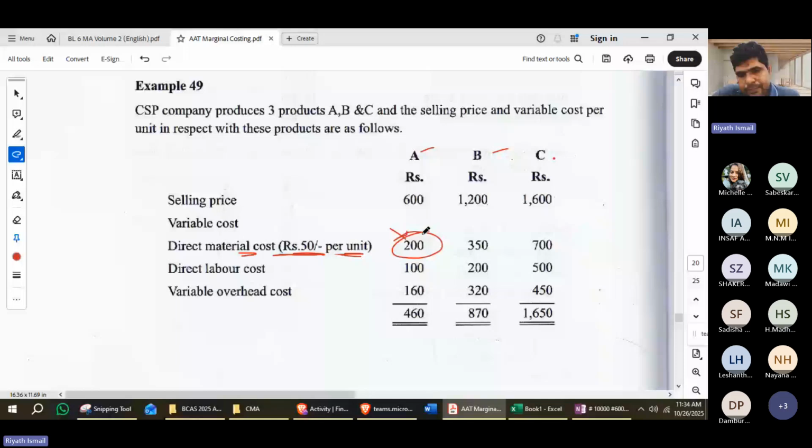Then how many units of material are used? 4 units. Yes, 4. 200 divided by 50 equals 4. For this, 7. For this, 14. Right? It's very basic.